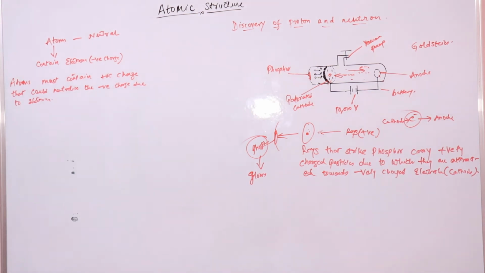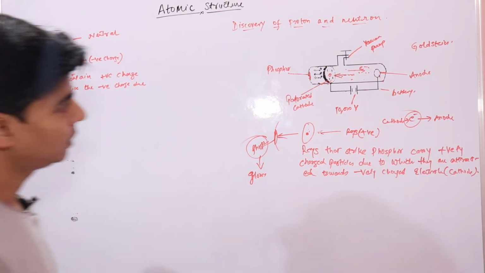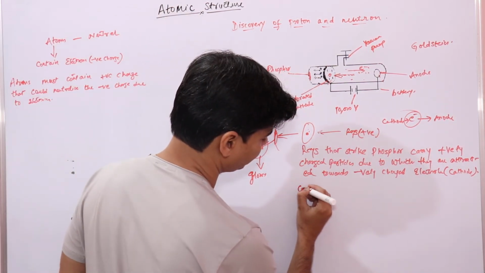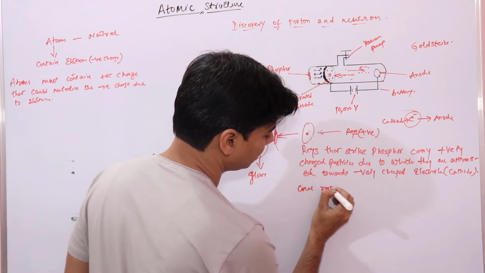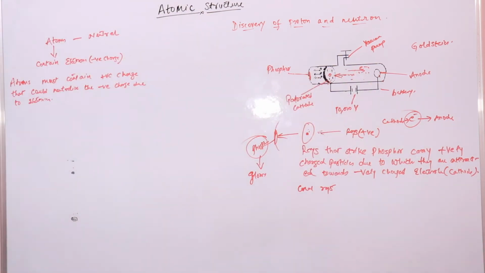And these positively charged particles were discovered by Goldstein, right? Goldstein also called this beam of positively charged particles canal rays. They are called canal rays because they could move through the canals in the perforated cathode, that is, they are produced by passage through canals or holes in the cathode.